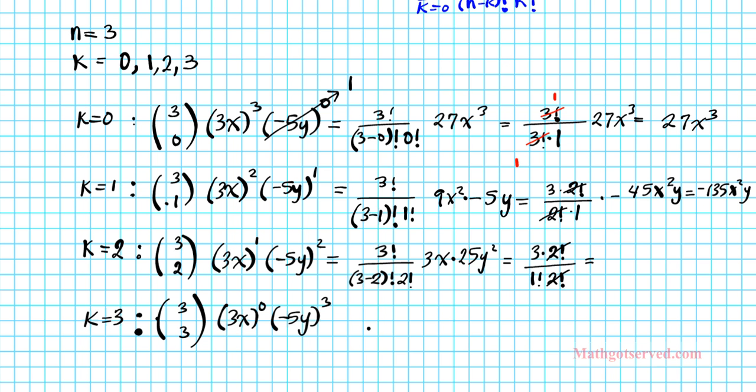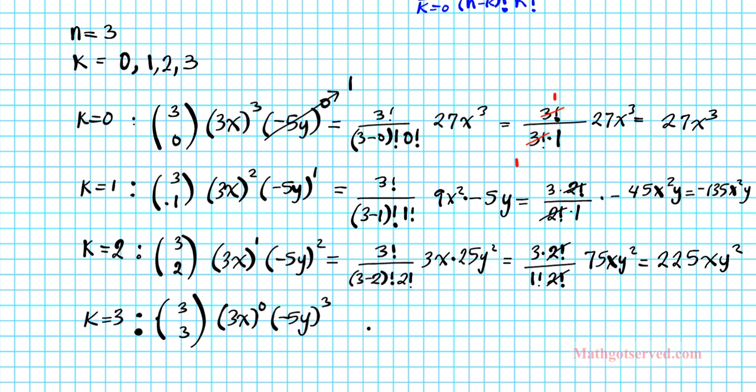And then we're going to have, let's see, that's 3, it's going to be 3. And then 3 times 25 is 75. 75 is going to be 75 xy squared, so 75 xy squared. And then if you multiply 3 by 75, you have 225 xy squared.